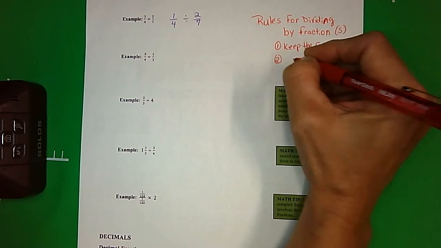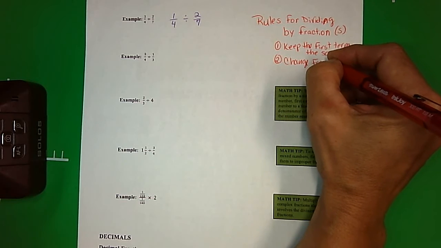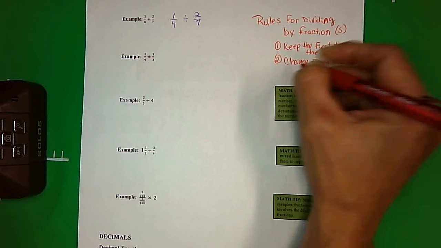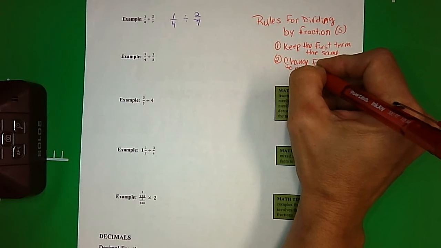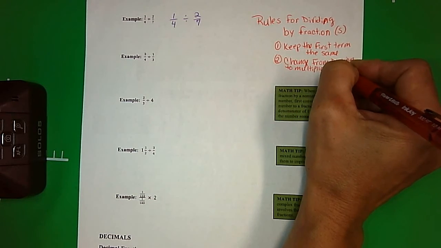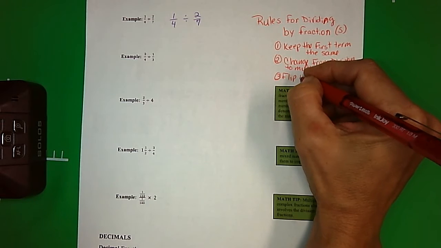Two, change from division to multiplication. And three, flip the second term.